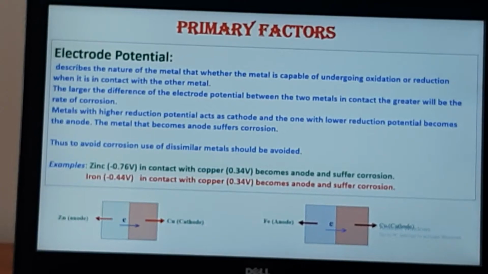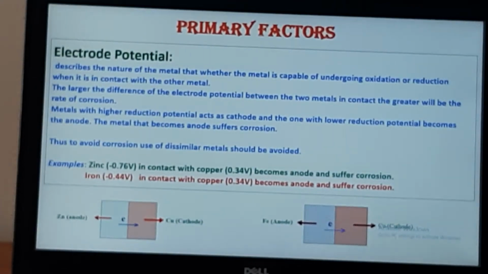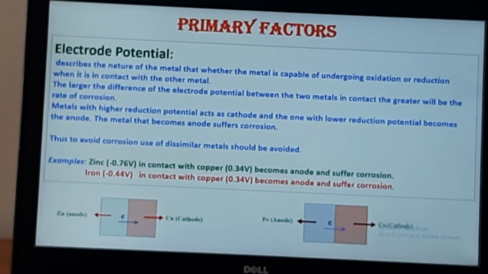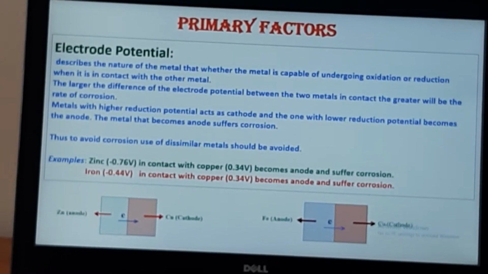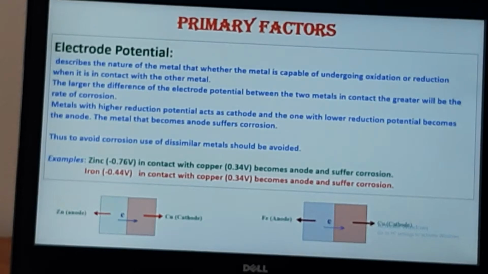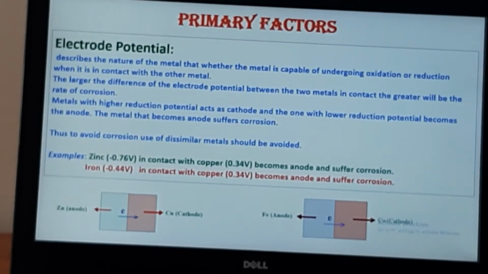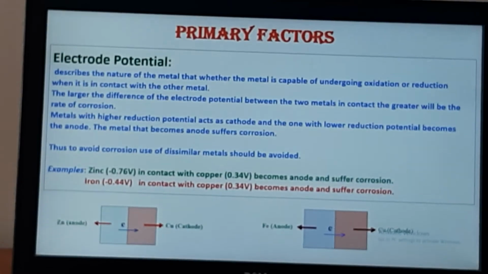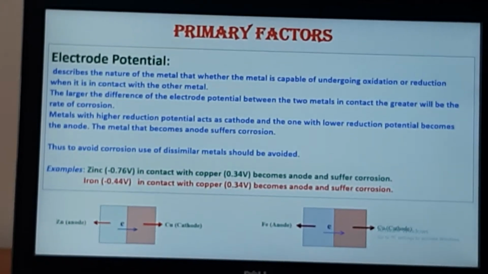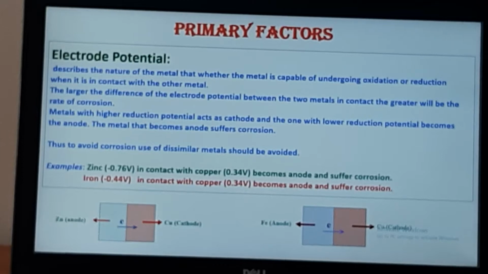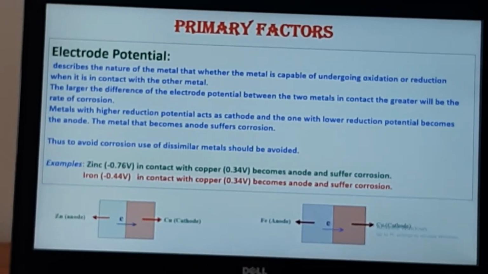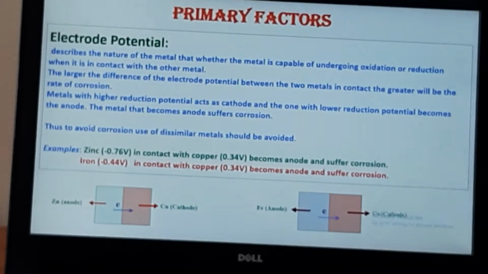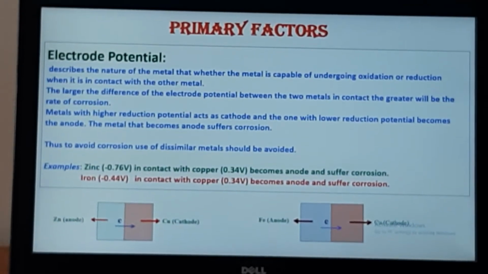Let us explain it with the help of examples of zinc and copper, or iron and copper. Zinc and iron are at lower reduction potentials of minus 0.76 volts and minus 0.44 volts respectively, whereas copper is at a higher reduction potential of 0.34 volts.